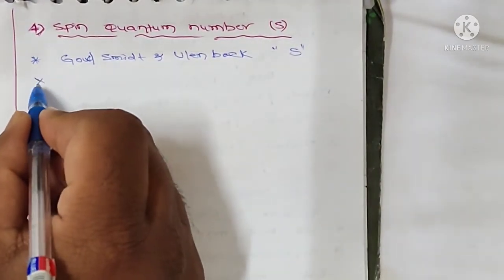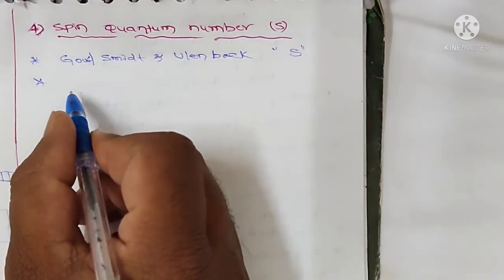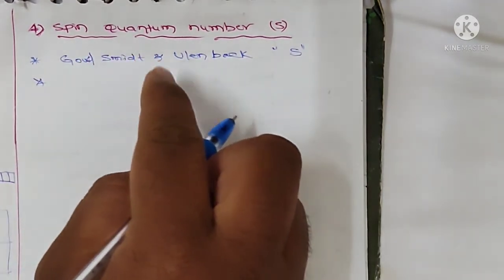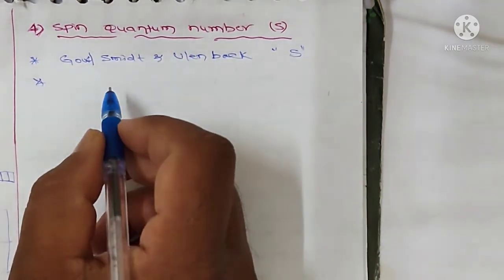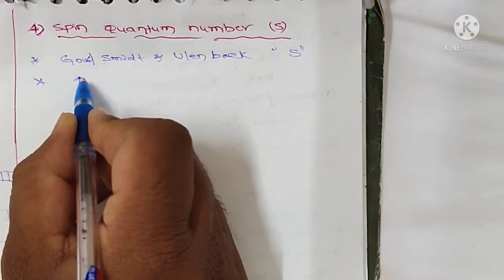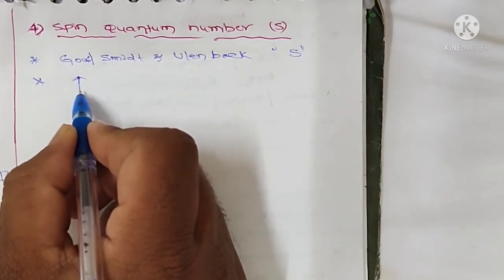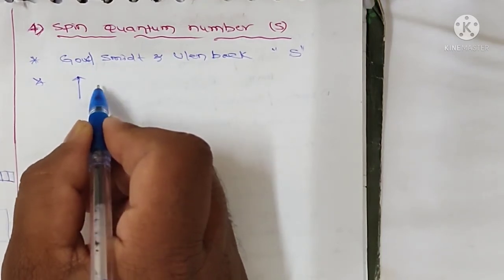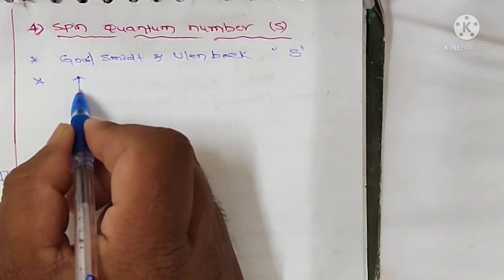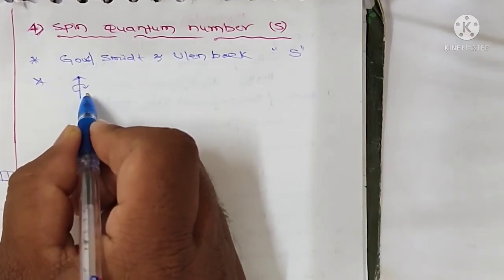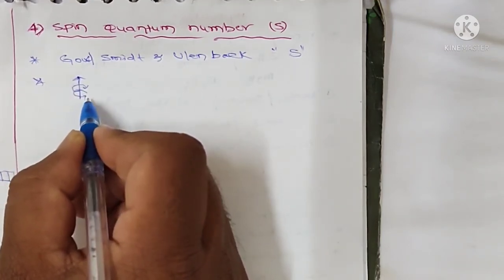It represents the direction of electron spin around its own axis. So this is the electron's own axis, and the spin is either in the clockwise direction or the anti-clockwise direction.